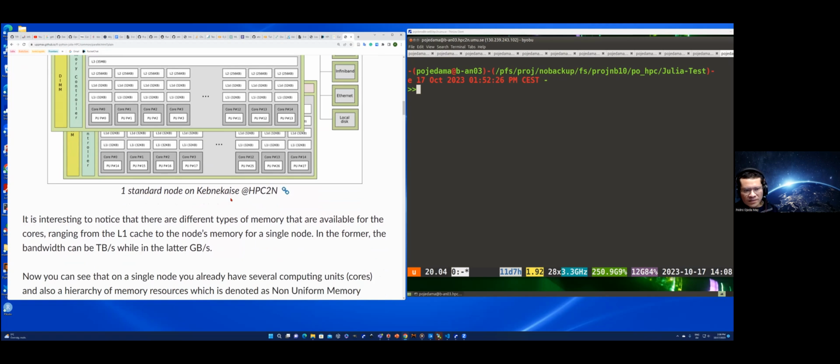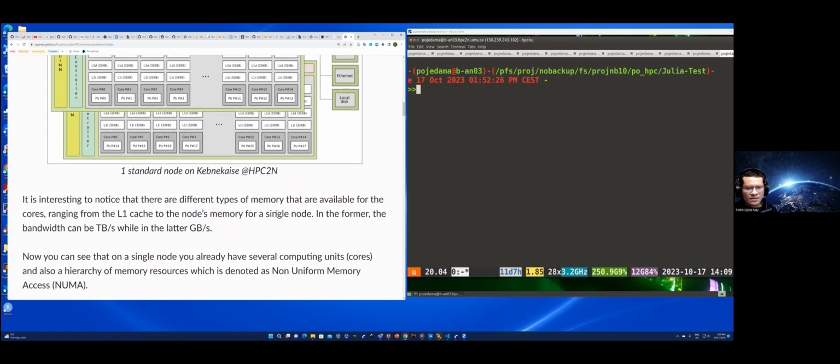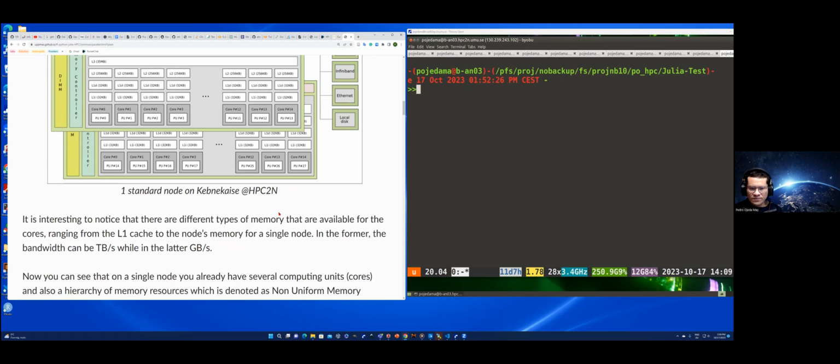One particular feature when we are talking about the node level architecture is that we have different types of memory, and the speed or the bandwidth of these different types of memory is quite different.